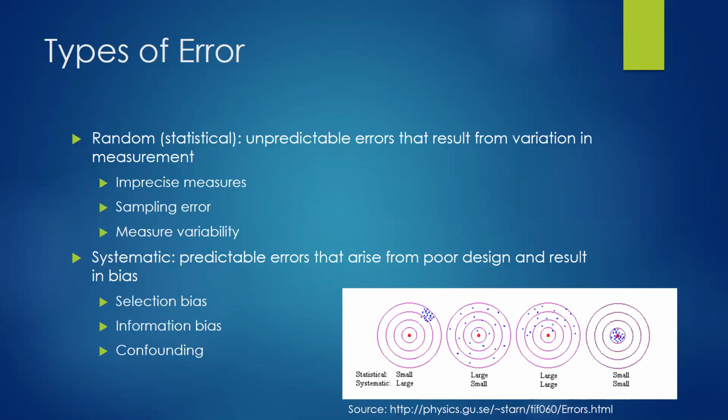But if we have small statistical error and large systematic, the farthest left example, we still see pretty tight clustering, but it's pretty far off the mark, so we've made some kind of mistake in capturing the truth. The next bullseye shows large random error and small systematic error, so those are just data points all over the place. The third one is the case when we have both large random error and large systematic error, so broadly scattered but also off the mark.